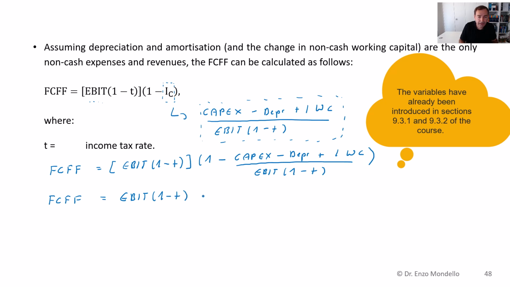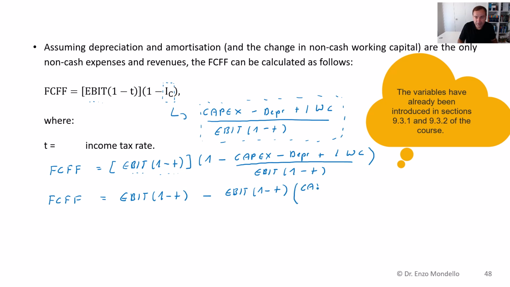And then we have minus the EBIT times 1 minus the income tax rate multiplied by the reinvestment rate of total capital. So that's the EBIT multiplied by 1 minus the income tax rate multiplied by the investment rate.